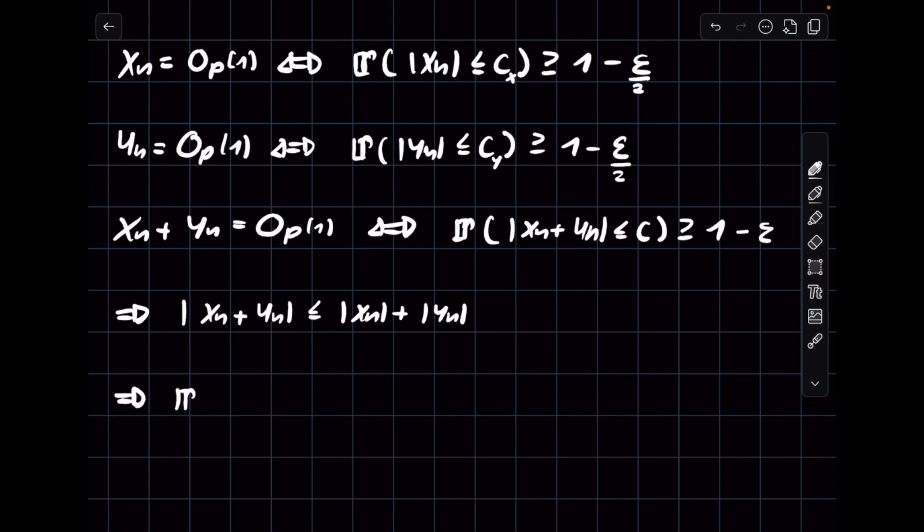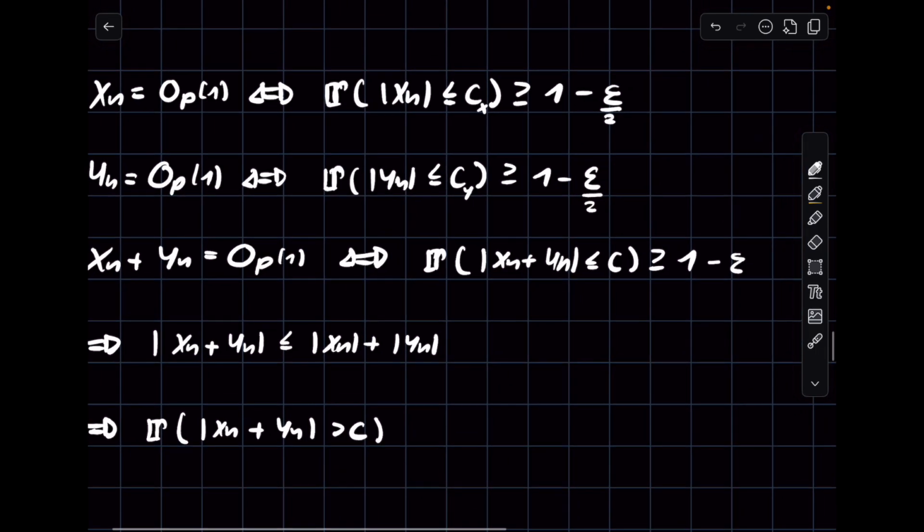The probability that x of n plus y of n is greater than c, because we're taking the complement of this, is going to be the probability that x of n plus y of n is above c.